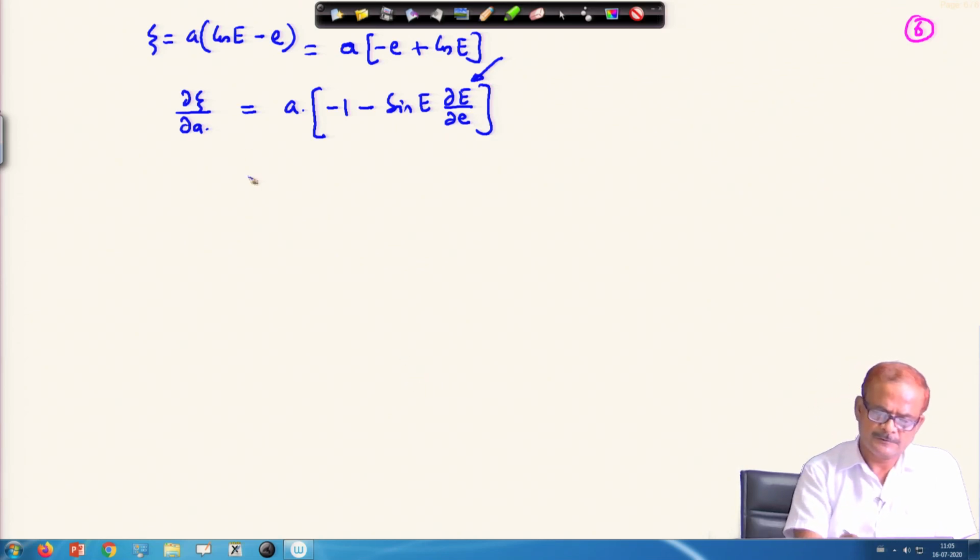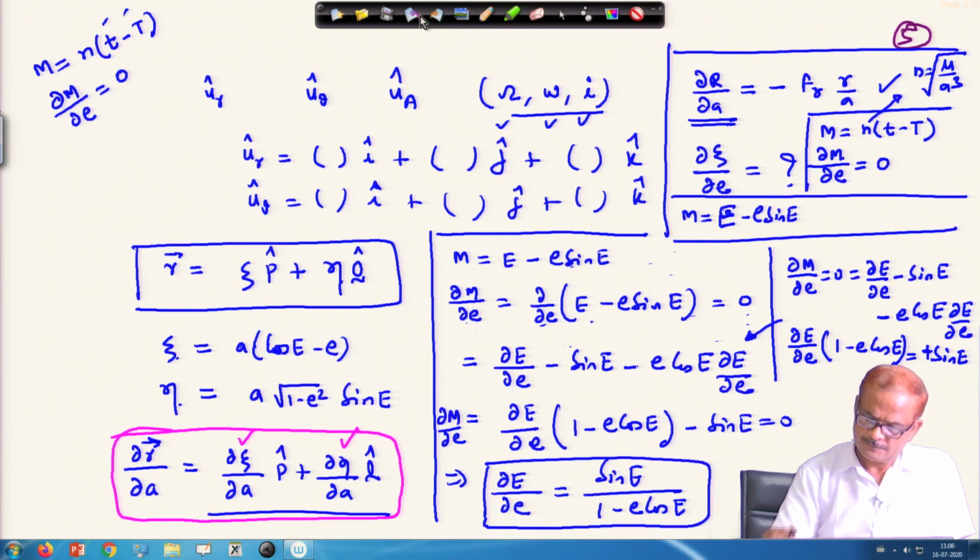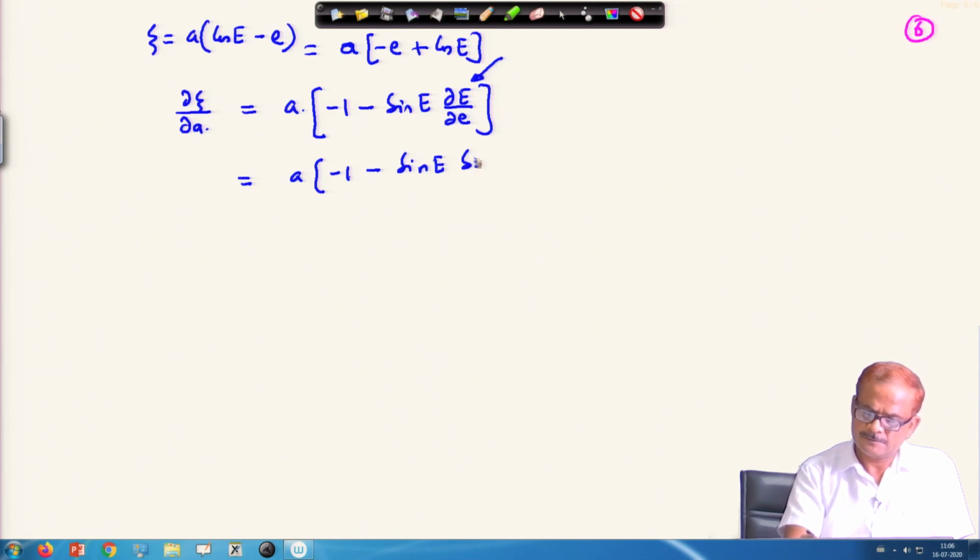So we need to insert that value, sin E by 1 minus e cos E.